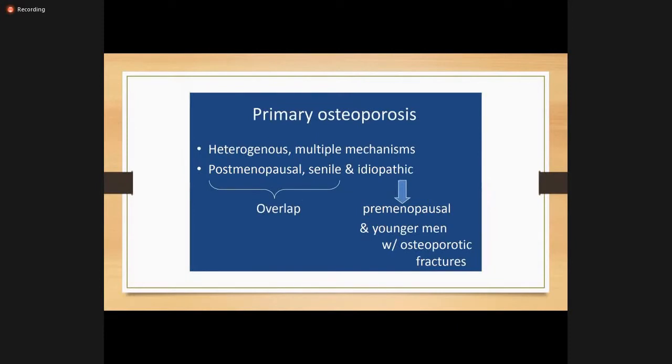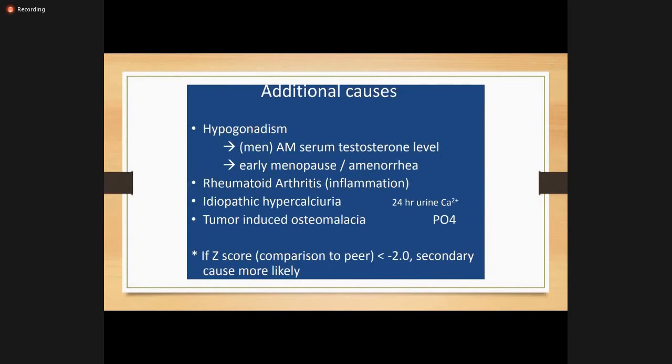These are the primary and secondary osteoporosis types. These are the secondary causes. By primary, we actually mean when there is no underlying cause for the osteoporosis, only age, which leads to the osteoporosis.